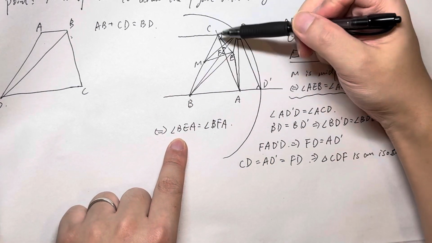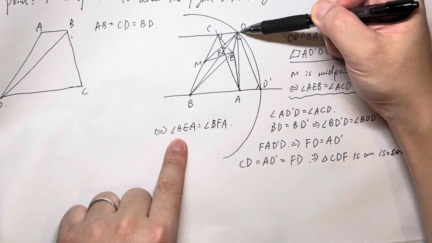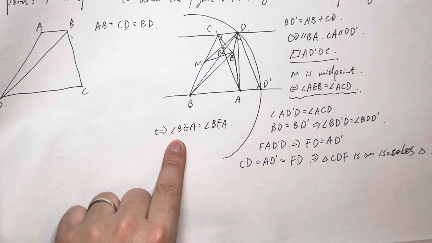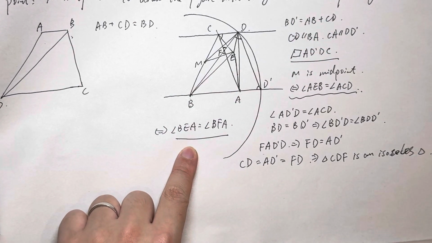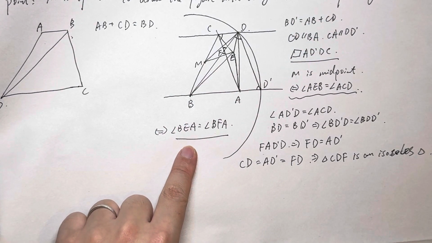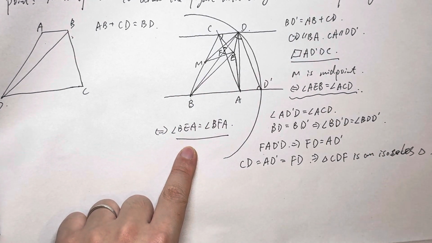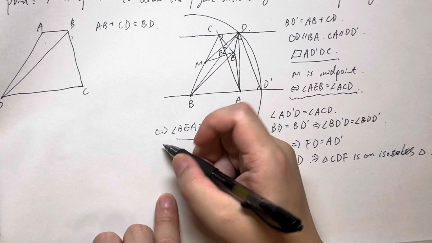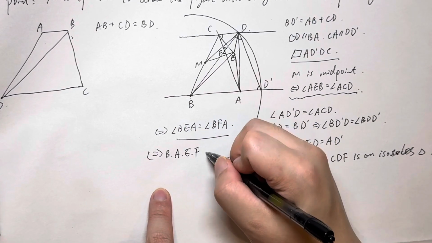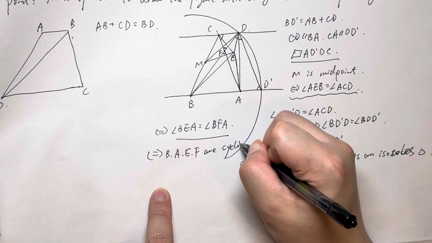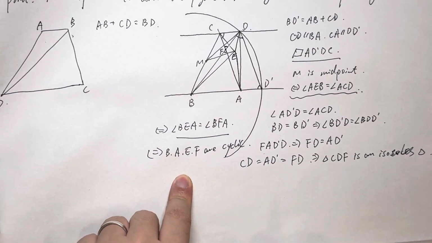Because angle ACD equals angle CFD equals angle BFA. So basically we want to prove this, which means we just need to prove that BAEF are cyclic.